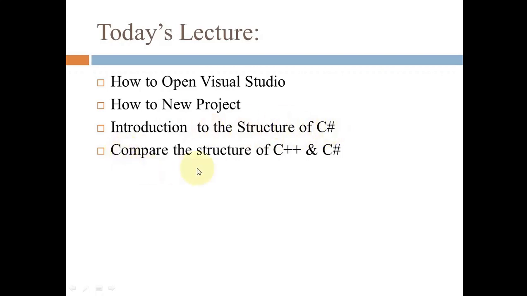And at the end of our lecture we compared the structure of C++ and the structure of C#. So the overall aim of this lab video lecture is to familiarize you with Visual Studio and the syntax, or you can say the structure, of C#. So student, this is enough for today's lecture.